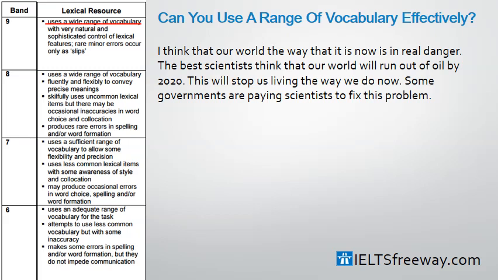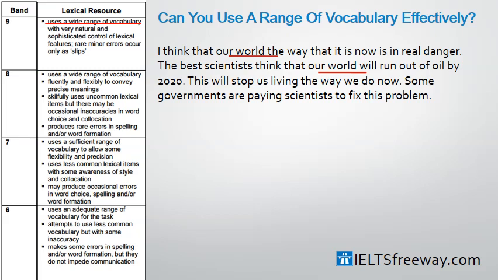Okay, so there's nothing massively wrong with the vocabulary here, but let's analyze it and see if we can make it a bit better. We know that we need to use a wide range of vocabulary. First of all, I notice that we've got the word world twice. Now, do you know any other words for world?